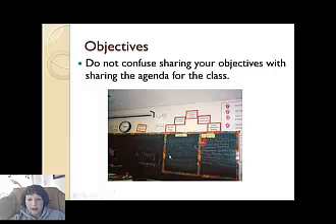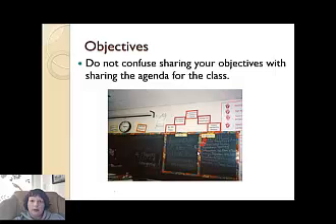So just make sure that you have the what, which is the objectives, and the how, which is your agenda. And I've seen some schools, I think Sharon City School District, they are required to put the how, the what, and perhaps the why. You could also do a what, how, and then so what, which is kind of like why.